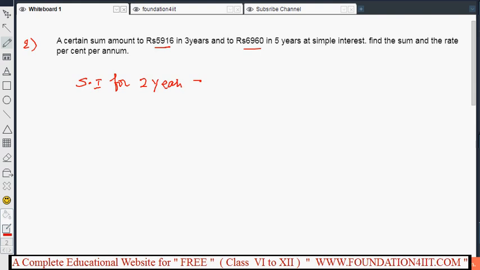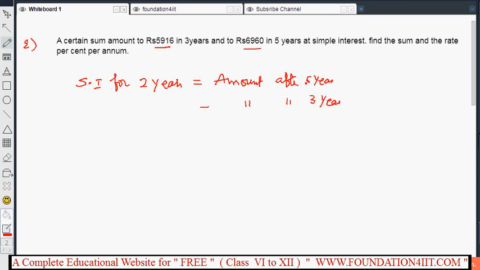Simple interest for 2 years means amount after 5 years minus amount after 3 years.